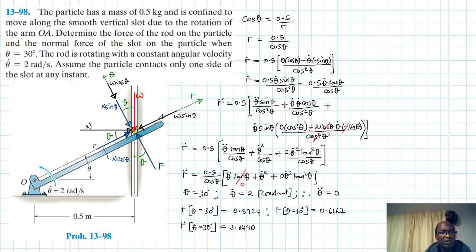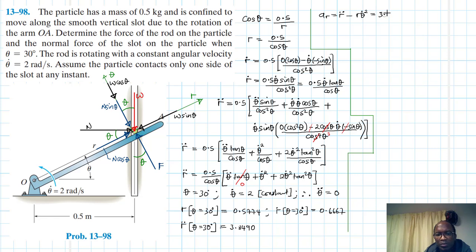Let's now write down the equations for the acceleration along the R and theta directions. What do we have? You know that our AR is equal to R double dot minus R theta dot squared.